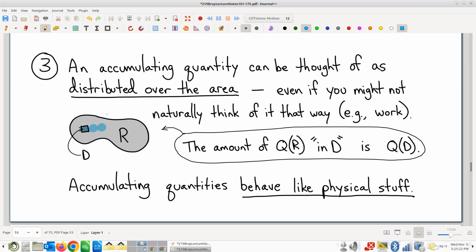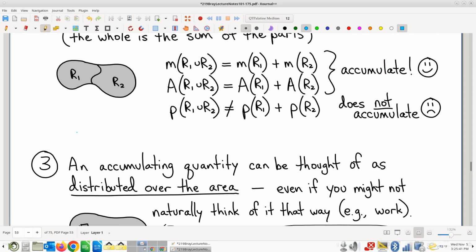Thinking of an accumulating quantity as being a substance, even if it's not, is just another way to think of how we would do exactly the same calculation, namely the whole is the sum of the parts. Now, just by way of counterexample, you cannot think of perimeter as being a substance.